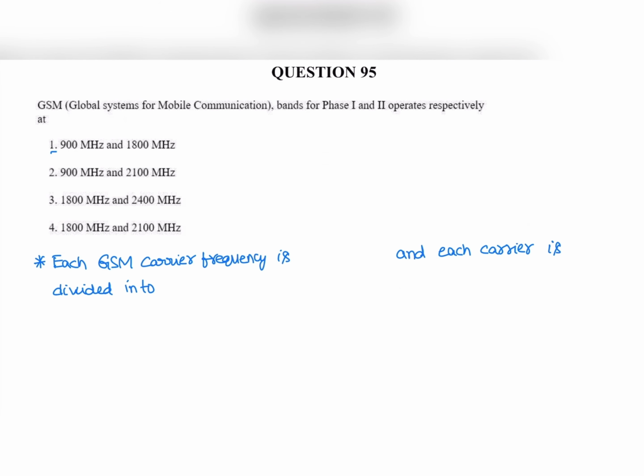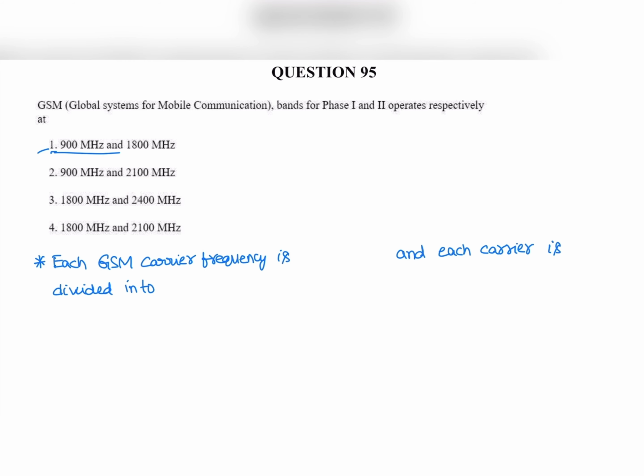Next, GSM bands. GSM stands for Global System for Mobile Communication, and the bands in GSM 1 and 2 are 900 megahertz and 1800 megahertz respectively.